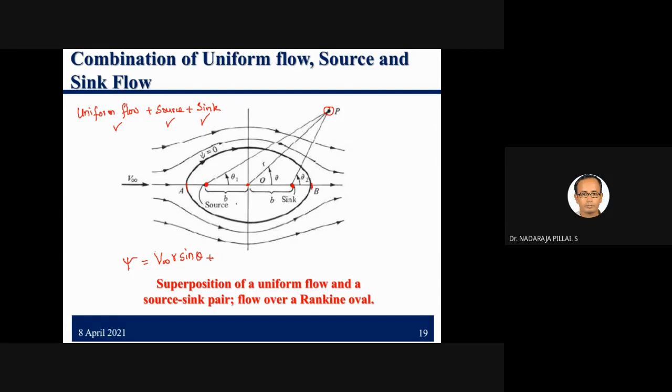Because one is source and another one is sink. So we will write the strength of the sink. I can write this as theta, because you have a theta 1 and here it is theta 2. Right?